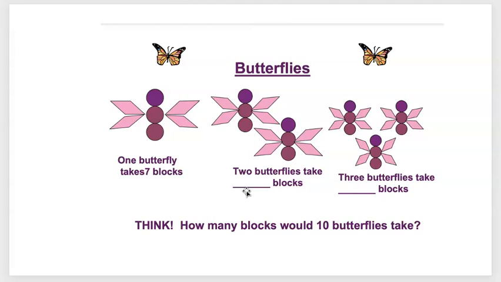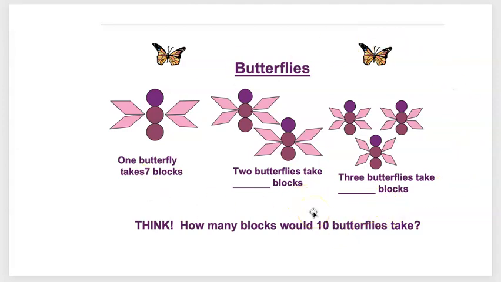This is also a building block for multiplication. I'm counting by 7s: 7 and then 14 and then 21. So the strategy is, how many geometric shapes or blocks would you need to make 10 butterflies? And it would be unrealistic to have this many geometric shapes.